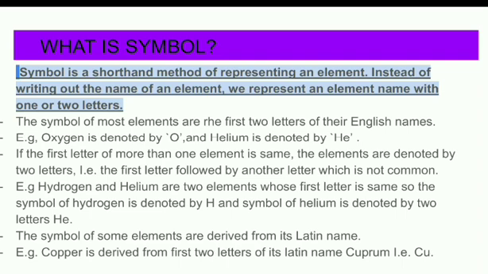And what is the Latin name of copper? Cuprum. The Latin name of copper is cuprum. So from cuprum we have taken first two letters, and the symbol of copper is Cu, not Co. Why is it Cu? Because it is derived from its Latin name.